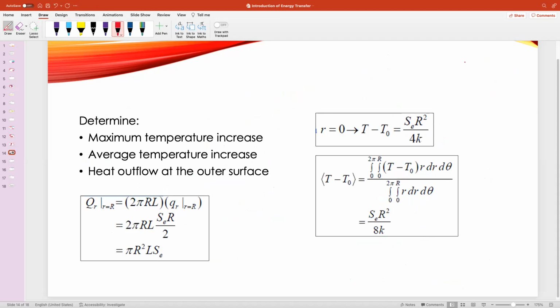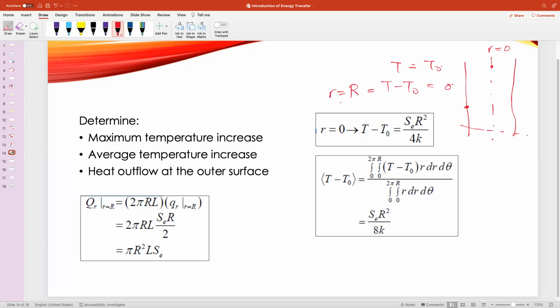Maybe I can draw it here. So in the middle, because of the heat generation of the electrical dissipation, at R equal to 0, that would be the maximum heat generation. When R equals R, T minus T0 equals 0, so the T would be T0.